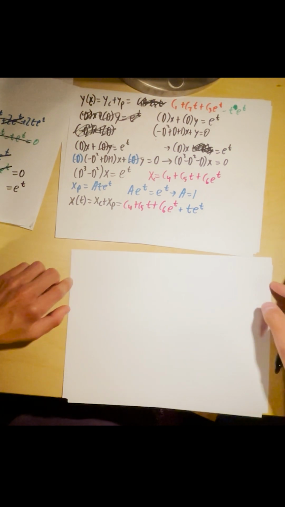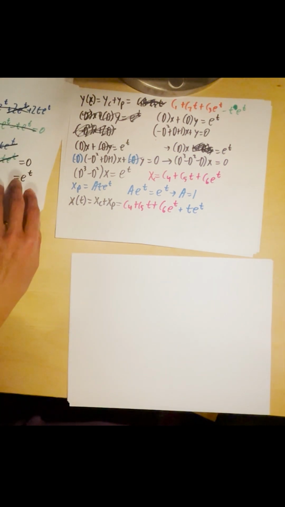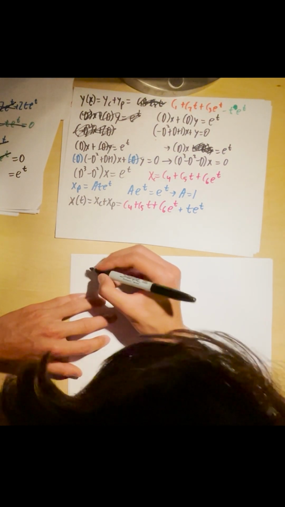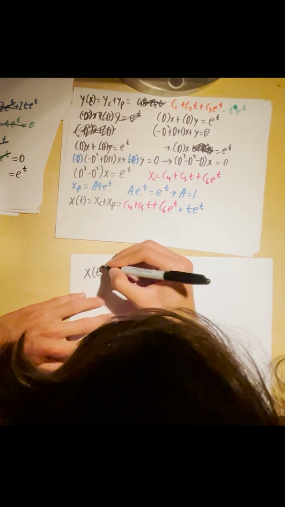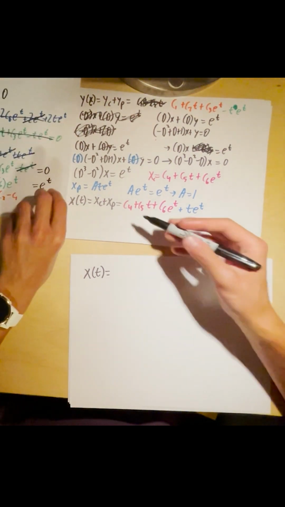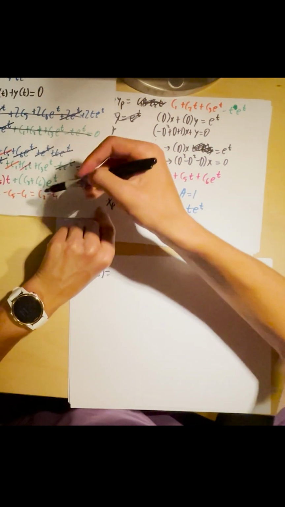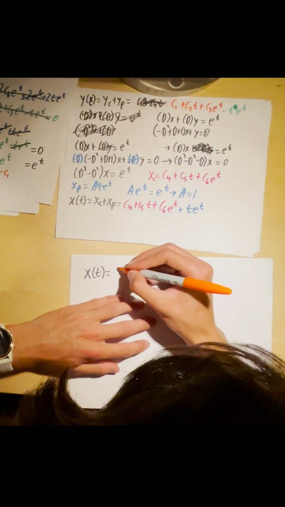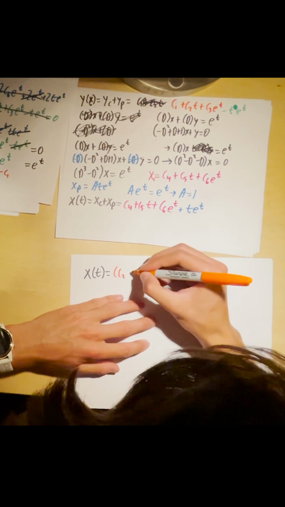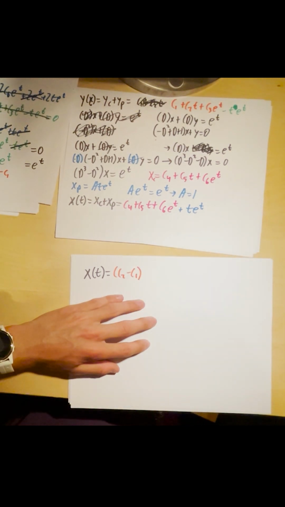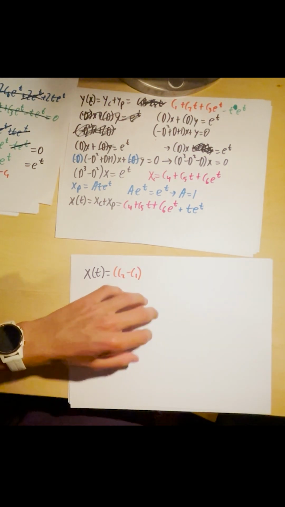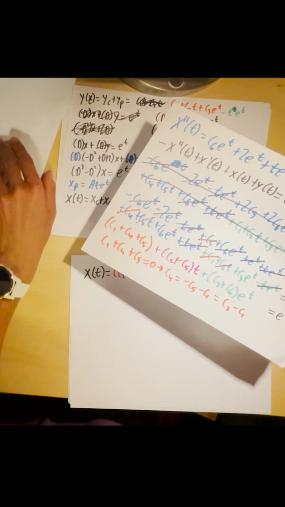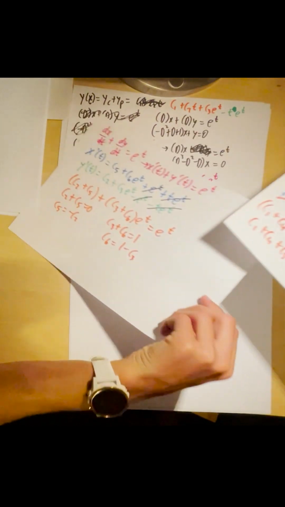So x of t. We have c4 plus c5t, or c4, which was c2 minus c1, plus c5t. I'm getting that from here. So we got c5 to be negative c2.